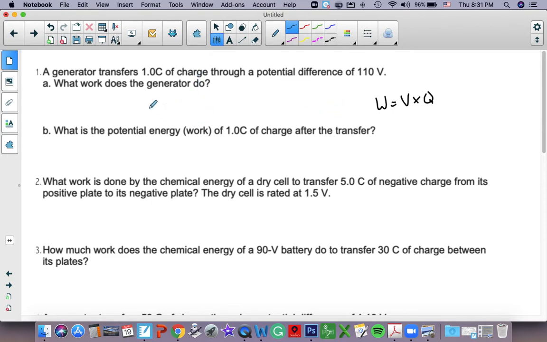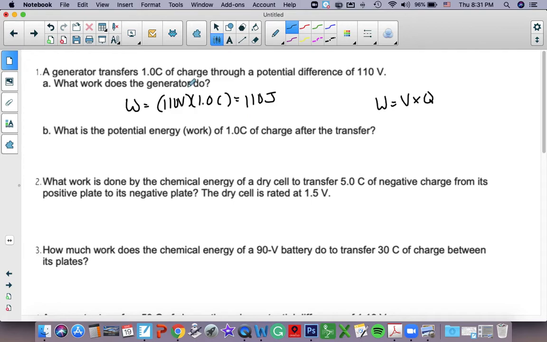This one: a generator transfers 1 coulomb of charge through a potential difference of 110 volts. So work equals volts, which is 110, times charge, which is 1 coulomb. That's just 110 joules. What's the potential energy of 1 coulomb of charge after the transfer? That is 110 as well.